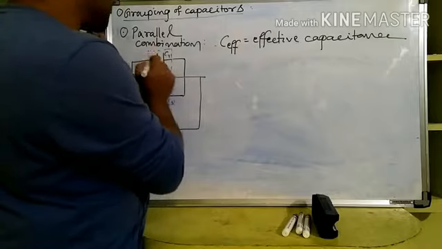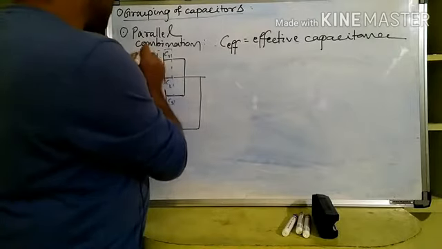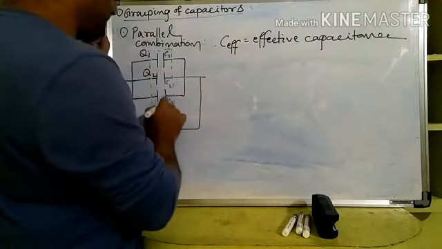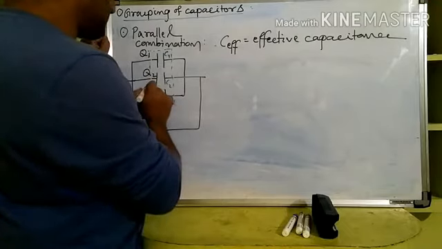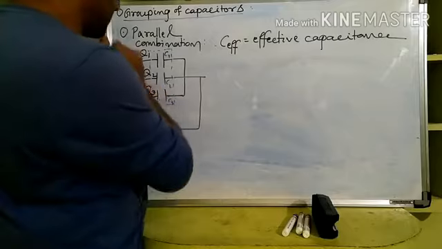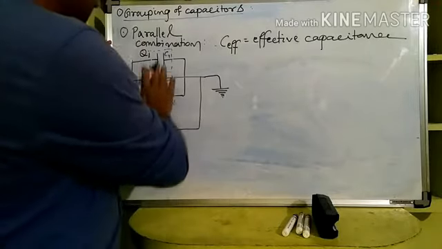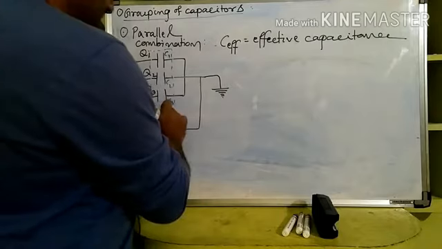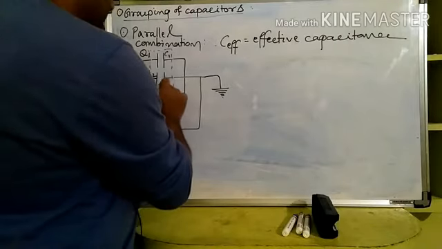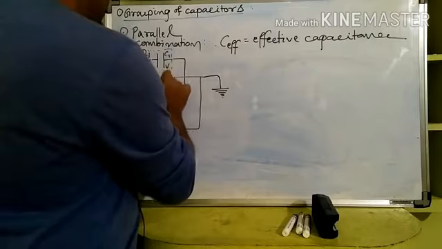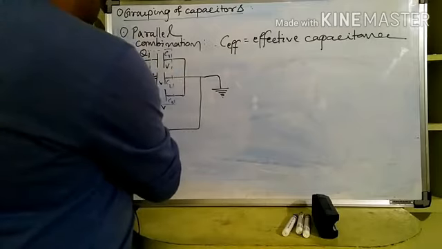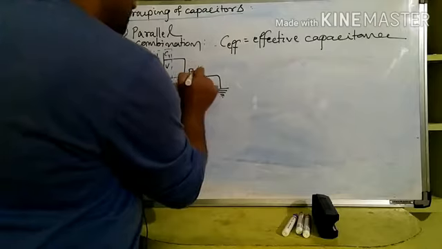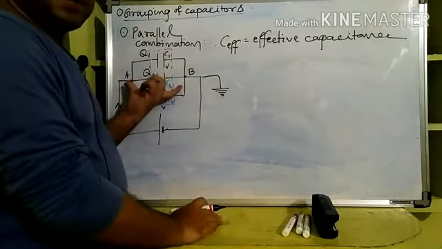Let us say the charge on capacitor C1 is Q1, on C2 is Q2, and on C3 is Q3. One thing is common for all: in a parallel combination the potential is the same. Let us say this point is A and this point is B, then the potential difference between A and B is the same.